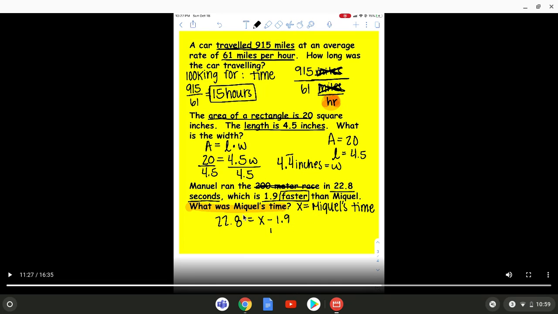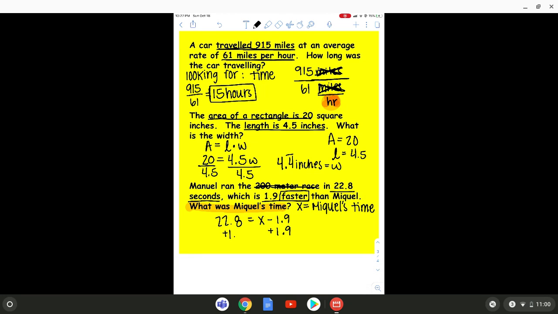And because I know that, like I said, X needs to be bigger than 22.8, it doesn't make sense to be adding time on there. So I'm going to go ahead and solve this. And I'm going to get 24.7 equals X. So Mikkel's time was 24.7 seconds.